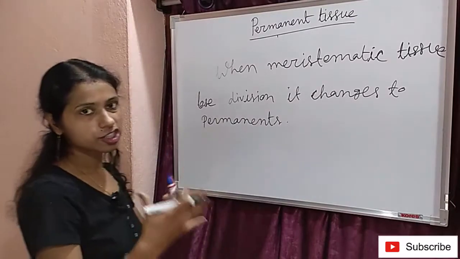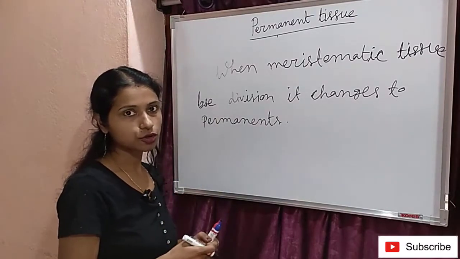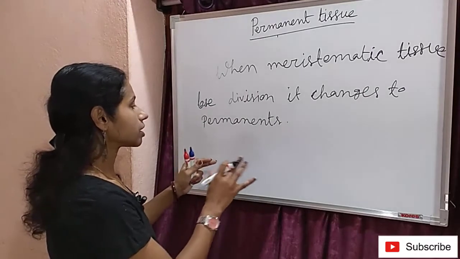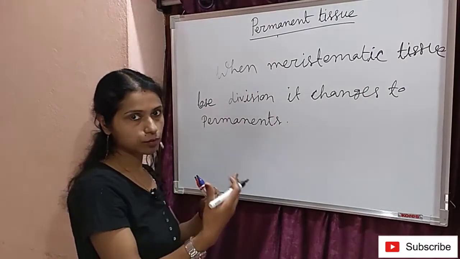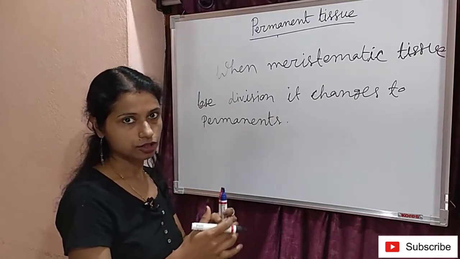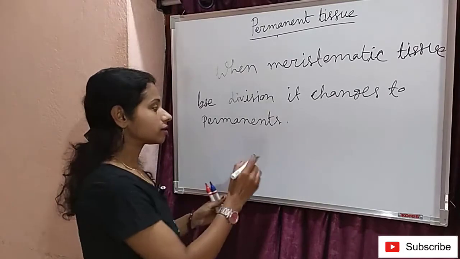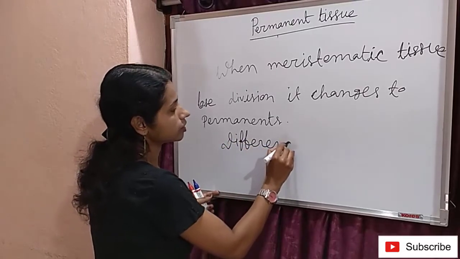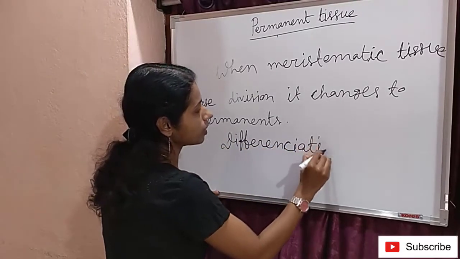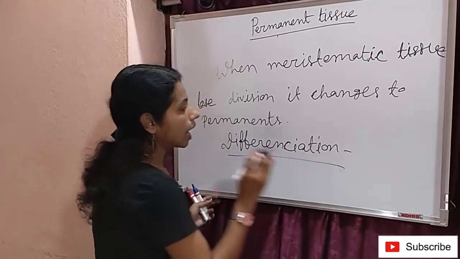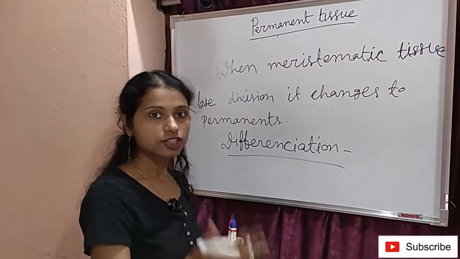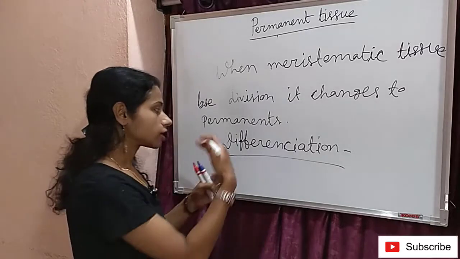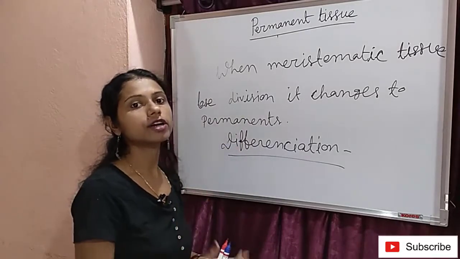So it takes different shapes and sizes and functions, as I told you. And this process, by which it changes to permanent tissue, is called differentiation. Differentiation means undifferentiated cells change to different shapes and are assigned for different functions. So that's why this process is called differentiation.